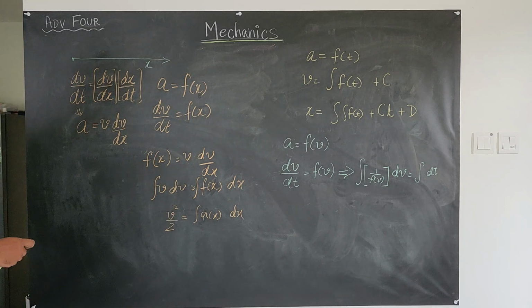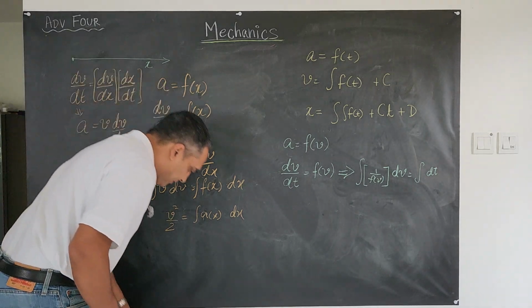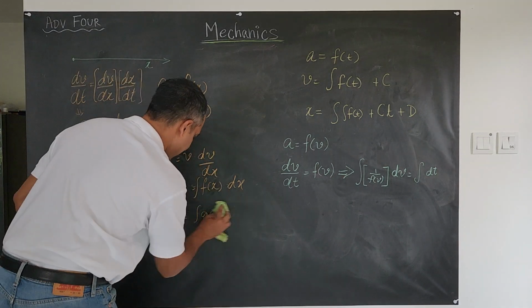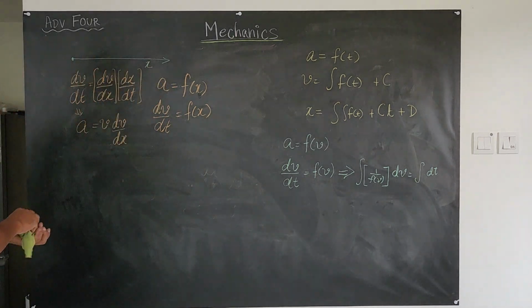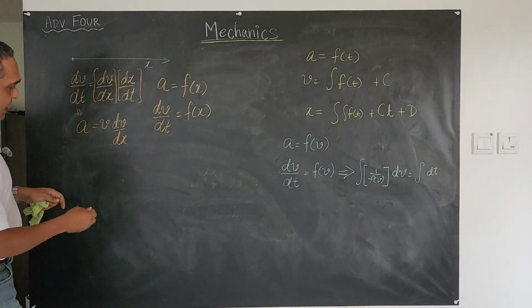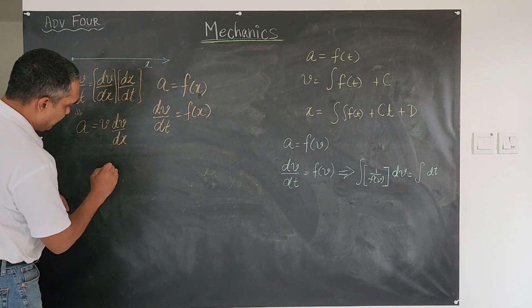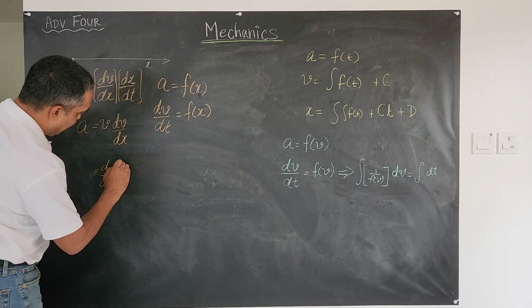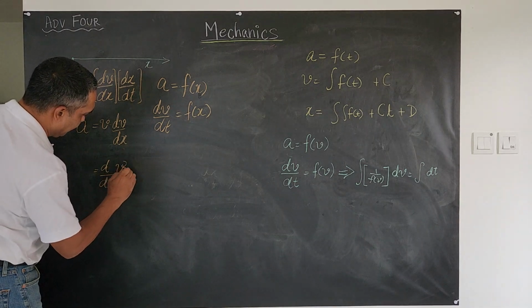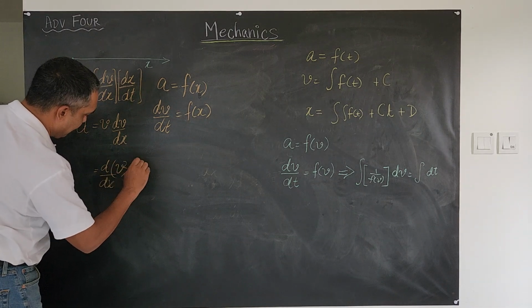And if I have a velocity function, it's as easy as saying, if I took that out, so just to make it easy, and if you remember, v dv by dx is also equal to d by dx of, say, v squared by 2. Right?